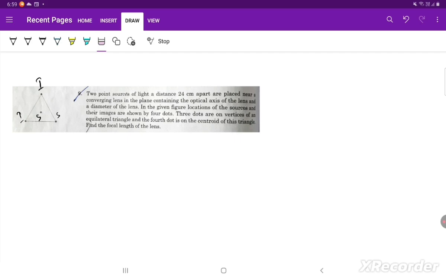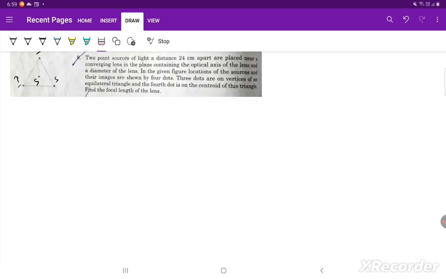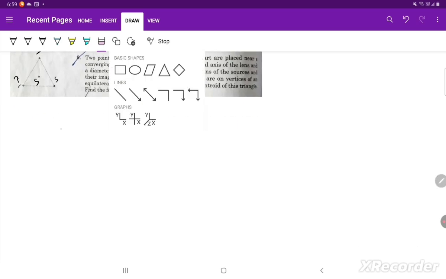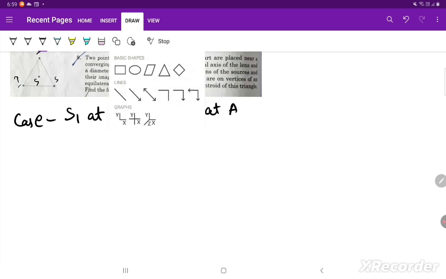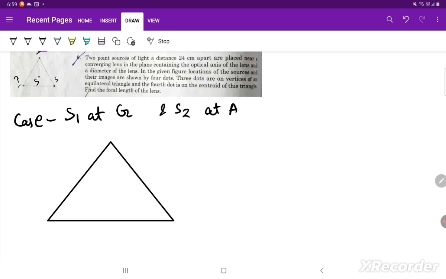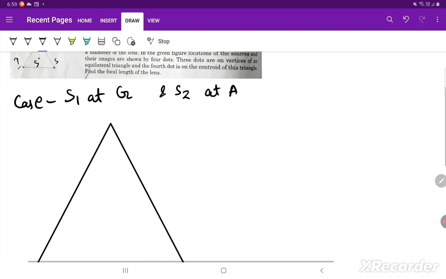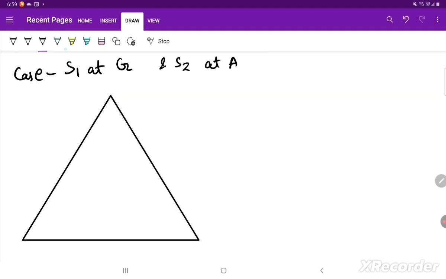Now I'm solving it. Hope you tried it for a few minutes. In this problem, I'll be discussing one case only. The case is S1 at the centroid, which I'm representing by G, and S2 at vertex A. Now, suppose this is my triangle, and here is S1, here is S2.